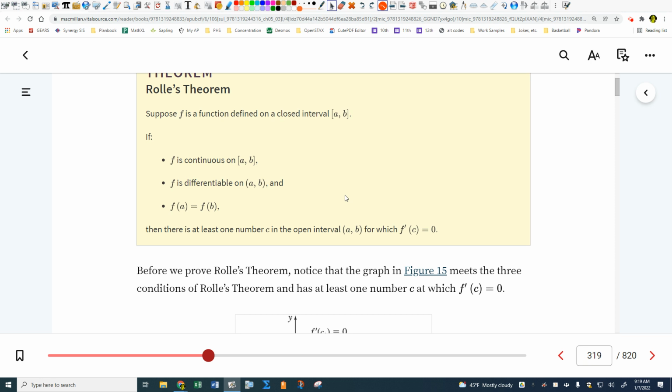All right, I think I finally got this. So when something is continuous and differentiable, you guys remember?